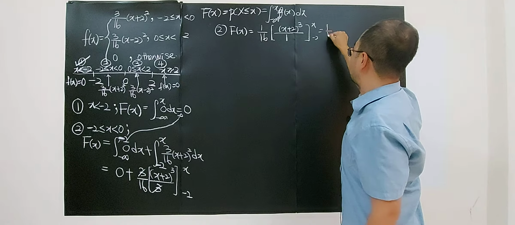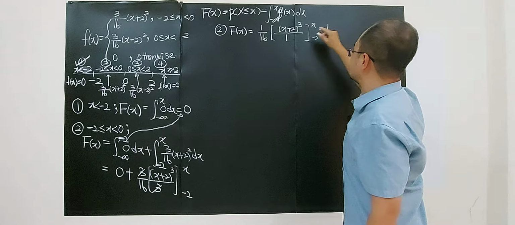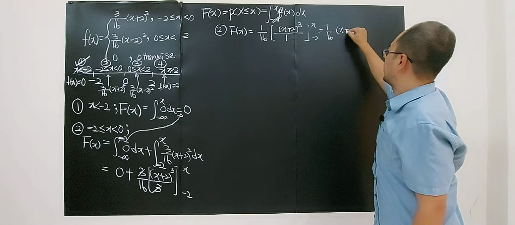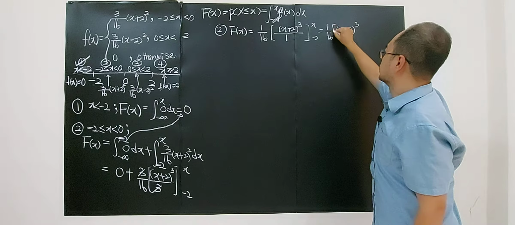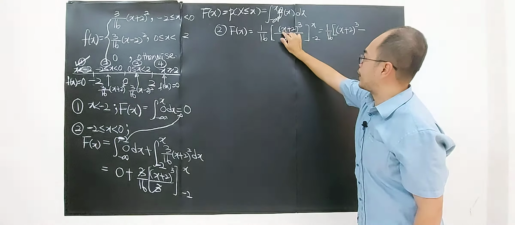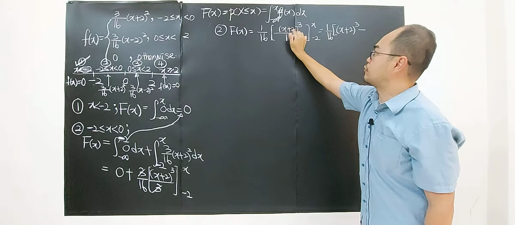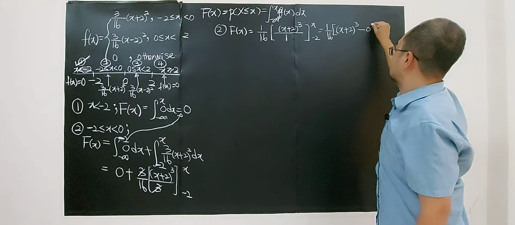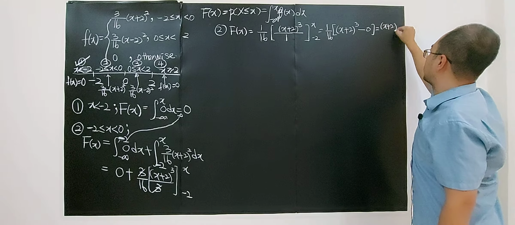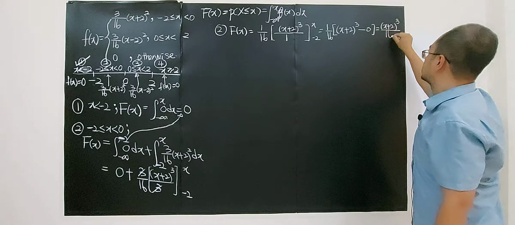Okay, now we evaluate this. So substitute the x, you will get back the same thing, alright? You will get x plus 2 to the power of 3 minus, if you substitute negative 2 inside here, negative 2 plus 2, you are definitely getting 0, right? So finally you have x plus 2 to the power of 3 over 16.